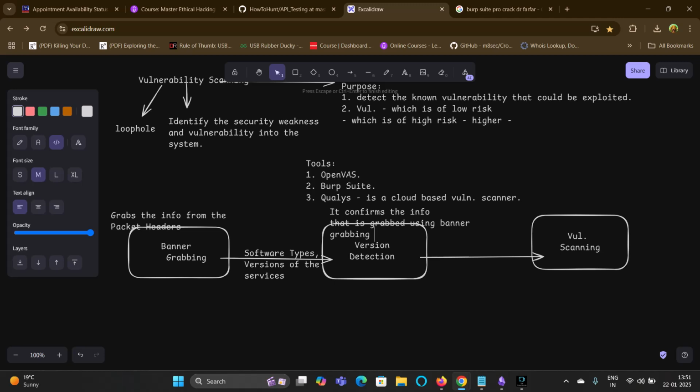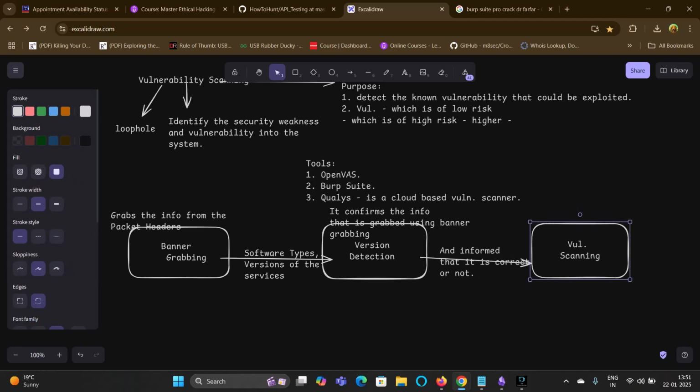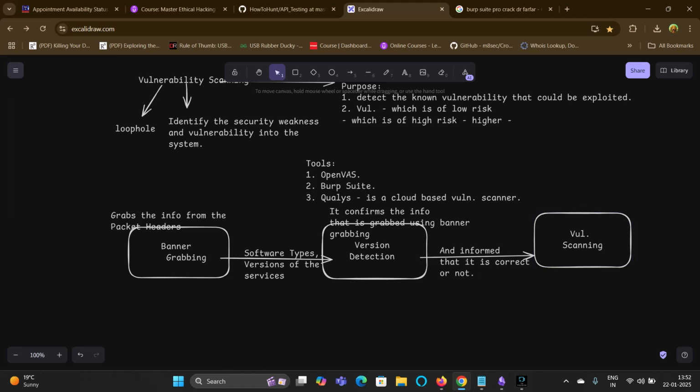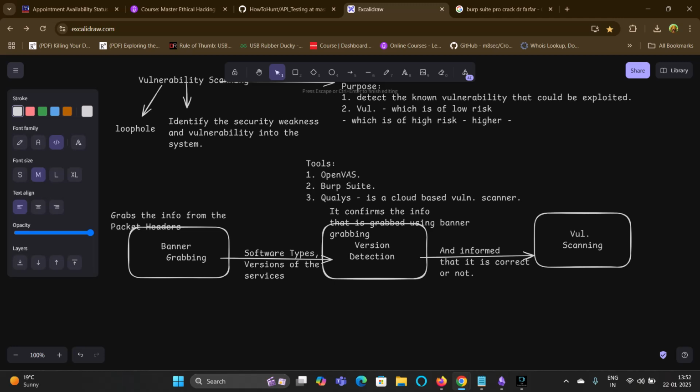Number one, we did banner grabbing, then we moved on to version detection. So these two things took place. It collected the information and informed the user whether it is correct or not. If the information is correct, then we do vulnerability scanning.